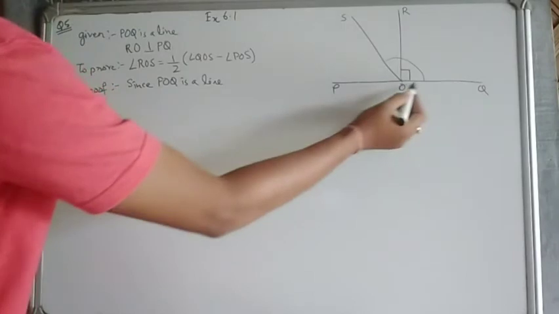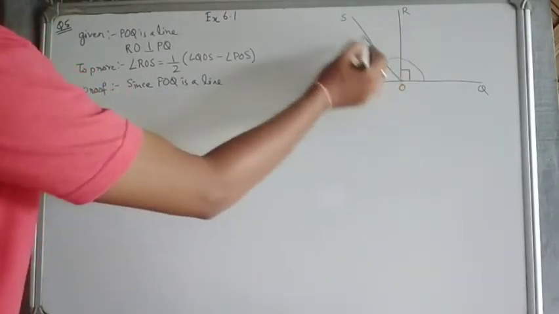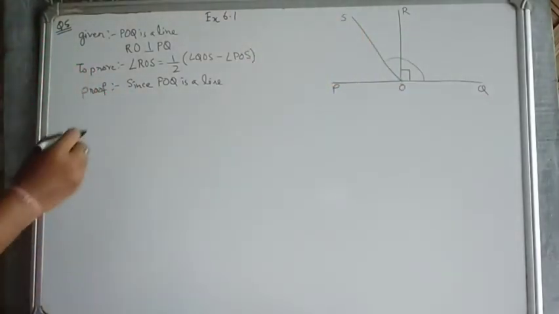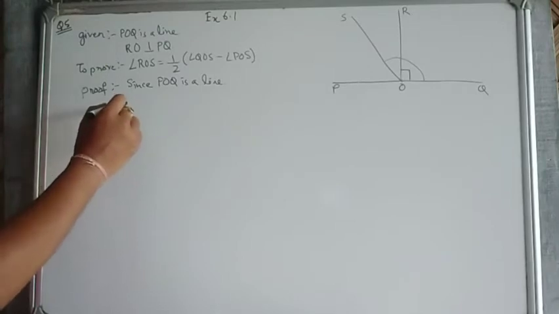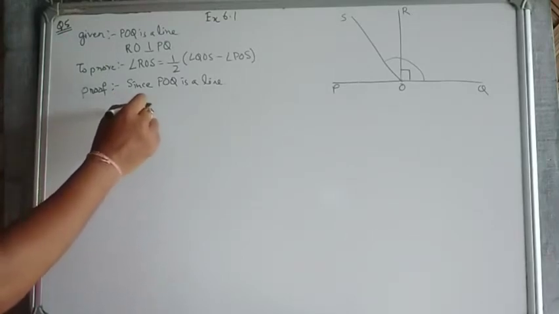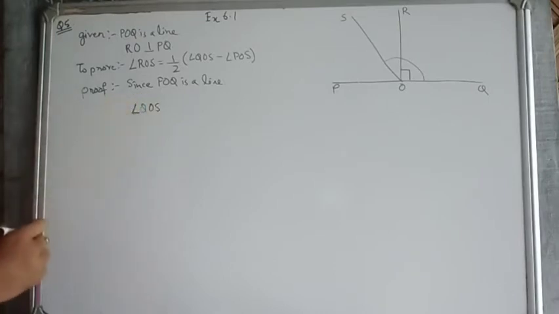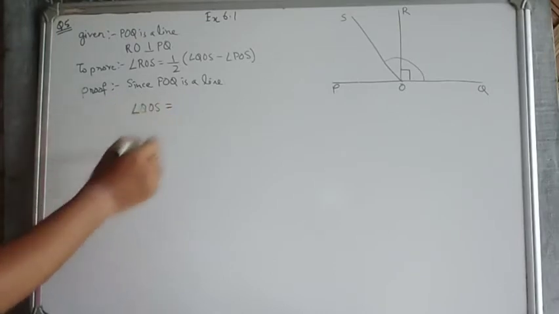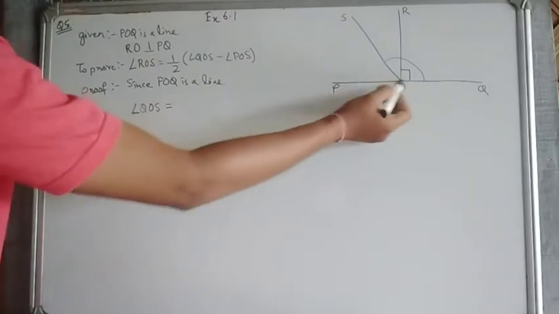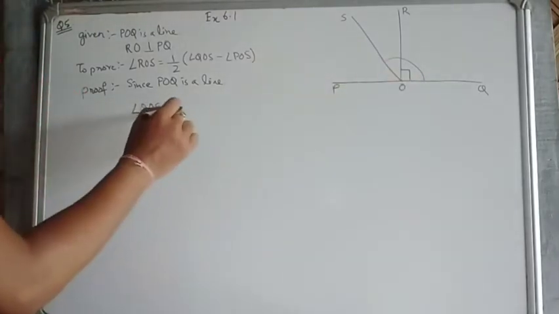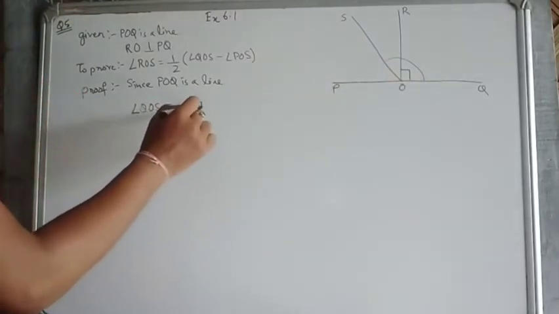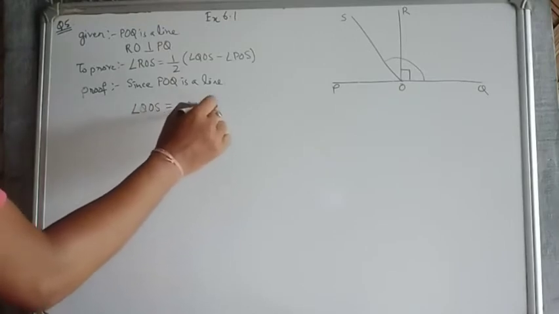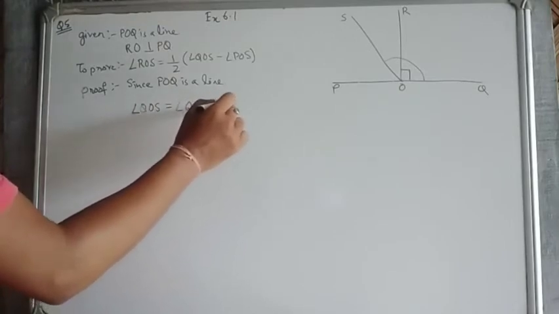So angle QOS will be equal to the sum of angle QOR plus angle ROS.